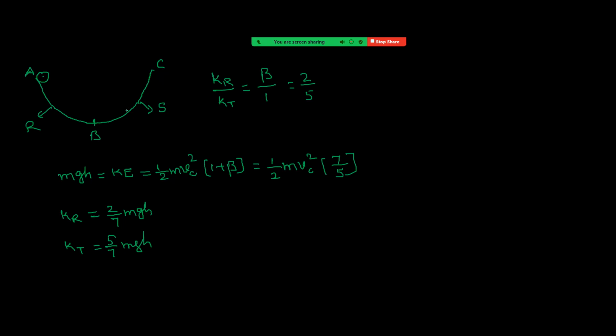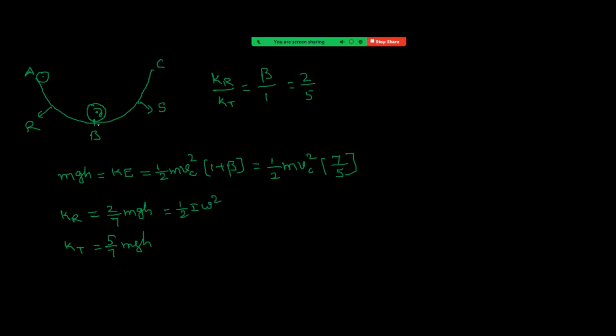So now you should be very careful here. Since BC is given smooth, there is no change in angular velocity from B to C. That means there is no change in kinetic energy because of rotation. This is nothing but half I omega square.